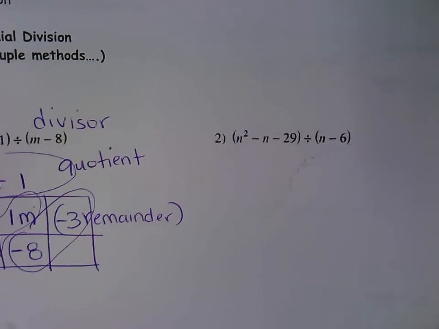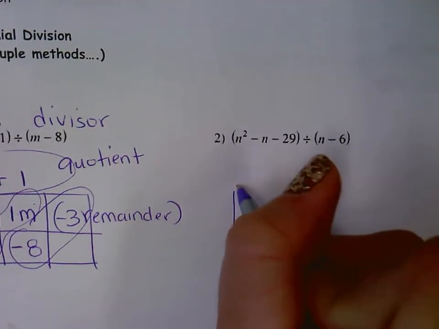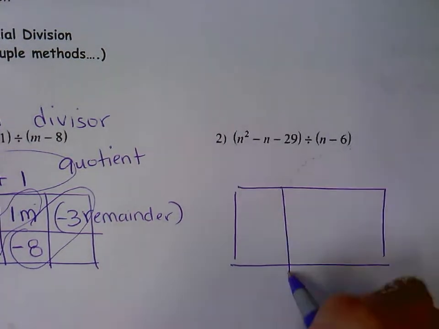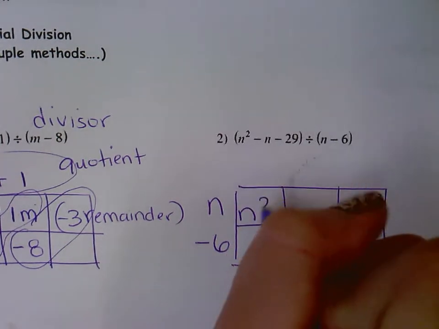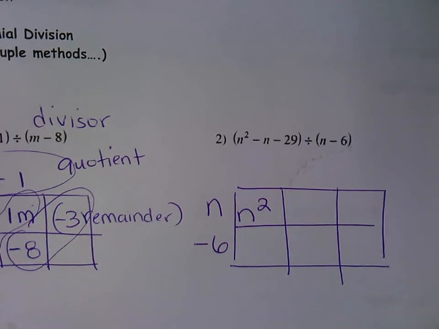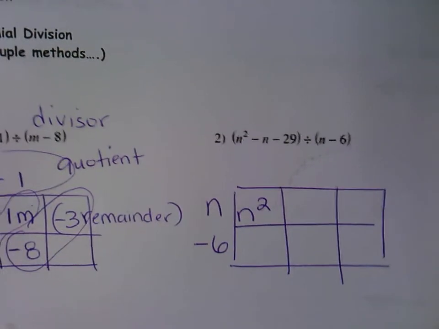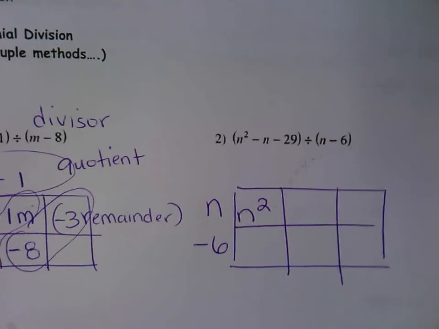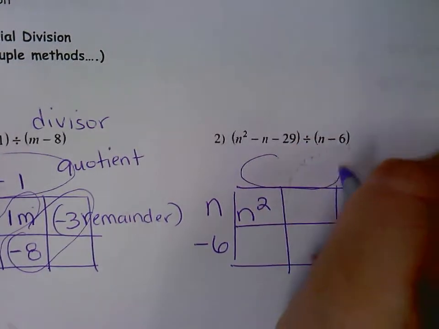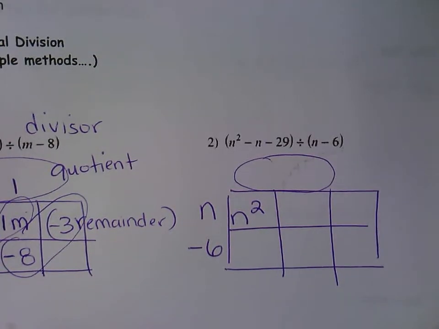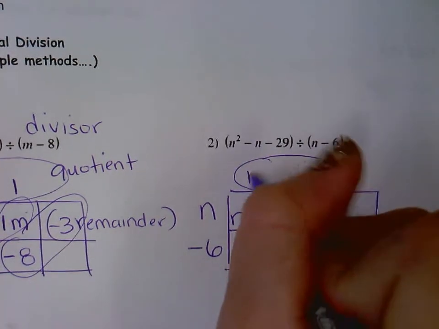So I put my n minus 6 on the outside of this box, and I put n squared in the top left corner, and now I start doing my division. So what goes in my quotient first? I'm filling in, this is going to be my final answer up here. What goes in my quotient? N, because n times n gives me n squared.